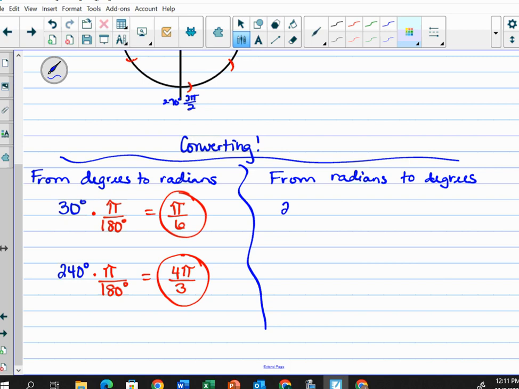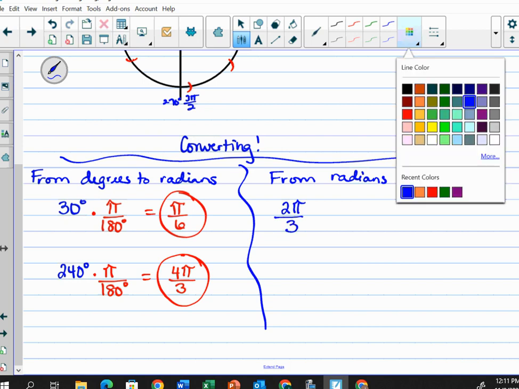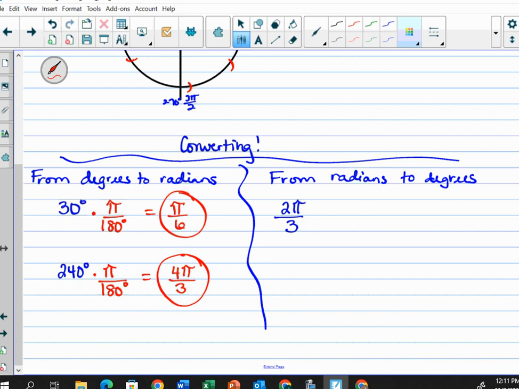All right, guys, let's go the other direction. So if I'm starting with radians and want to end up with degrees, yes, Henry? From degrees to radians, the denominator. Yeah, the degrees cancel out there. It's like inches. It's your unit of measure. This time I'm going to multiply by 180 over pi.